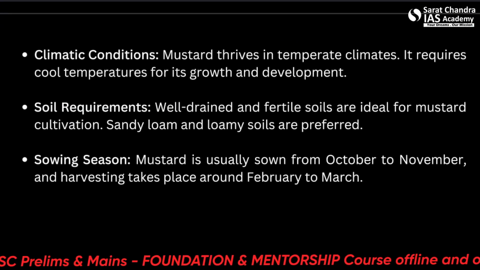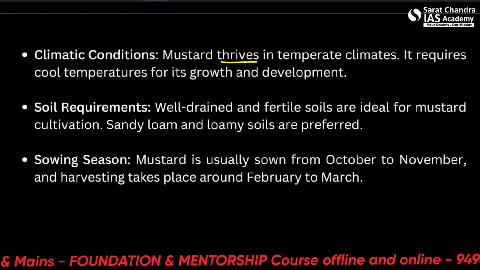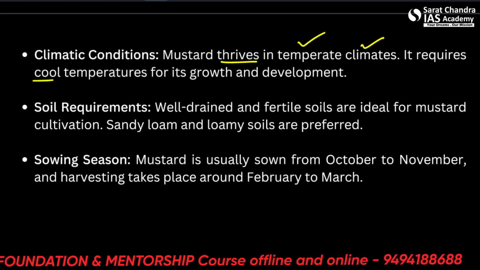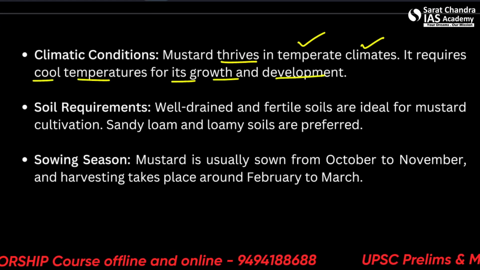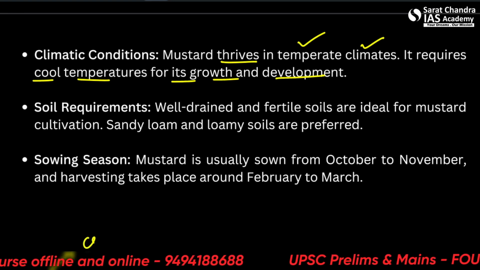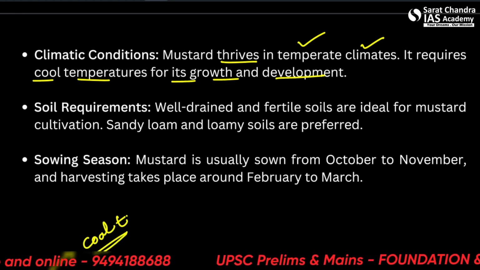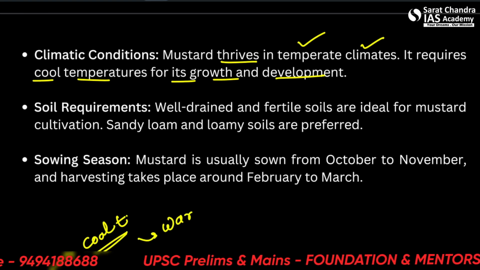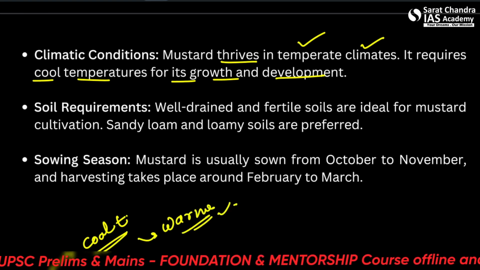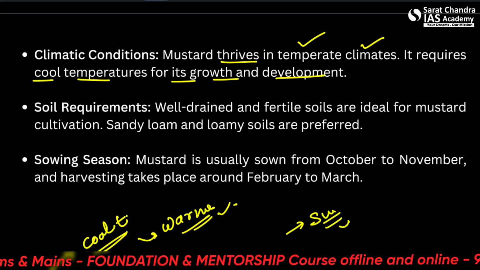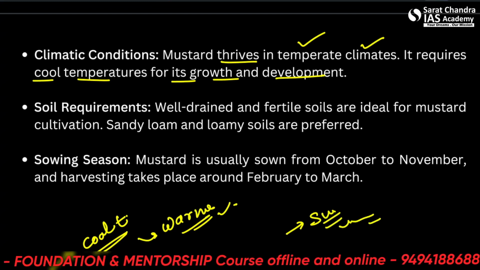It thrives in temperate climates and requires cool temperature for its growth and development. Oftentimes, crops that grow in cool temperature have warmer properties on the body, and those which grow in the summer months have colder properties.